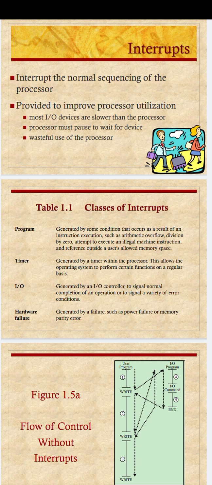Another one is the timer, generated by a timer within the processor. This allows the operating system to perform certain functions on a regular basis.